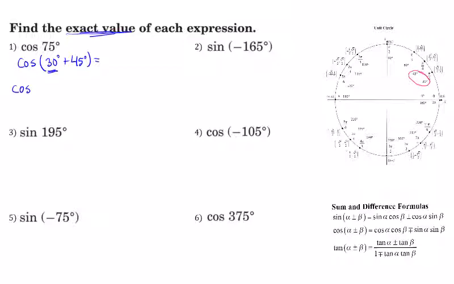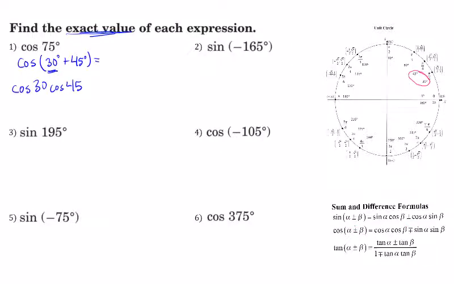So this is going to be cosine of 30 cosine of 45, and then remember, since it's a plus here, it's going to be a minus here. Since it's the top one here, it's going to be the top one here, so that minus.